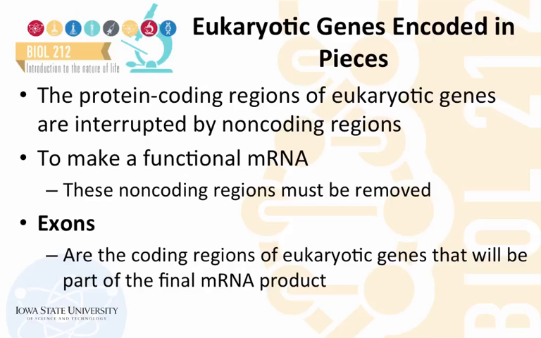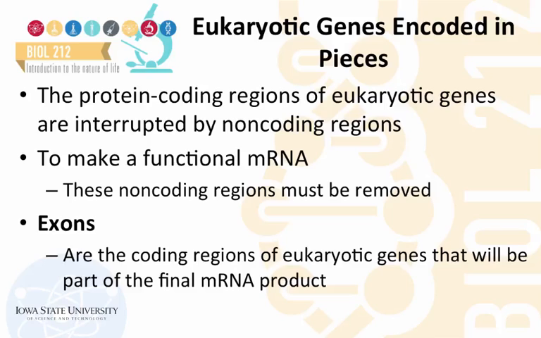The pre-mRNA molecules need to be processed because the protein coding regions of eukaryotic genes are interrupted by several non-coding regions that need to be removed before the mRNA can be translated to form proteins. The coding regions of eukaryotic genes are called exons.